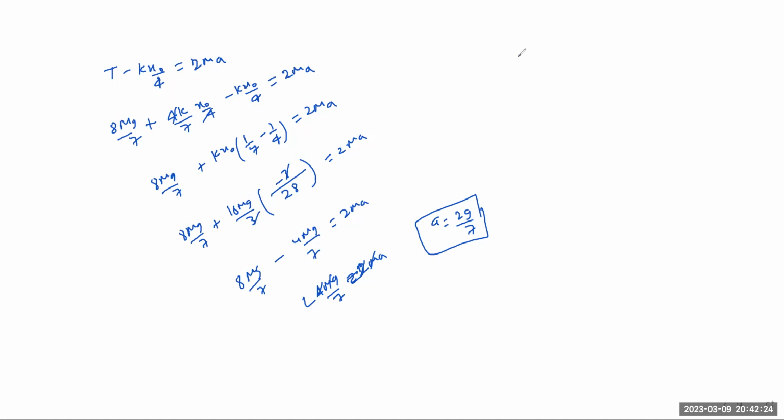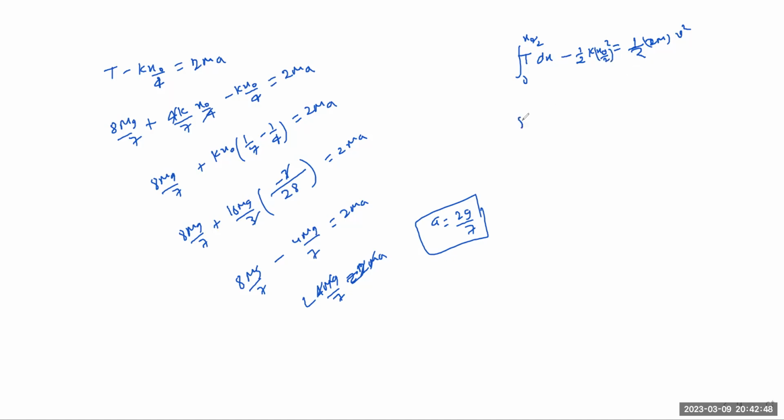So B is what? T dx minus half kx square. Sorry, x naught by 2, right? Yeah.